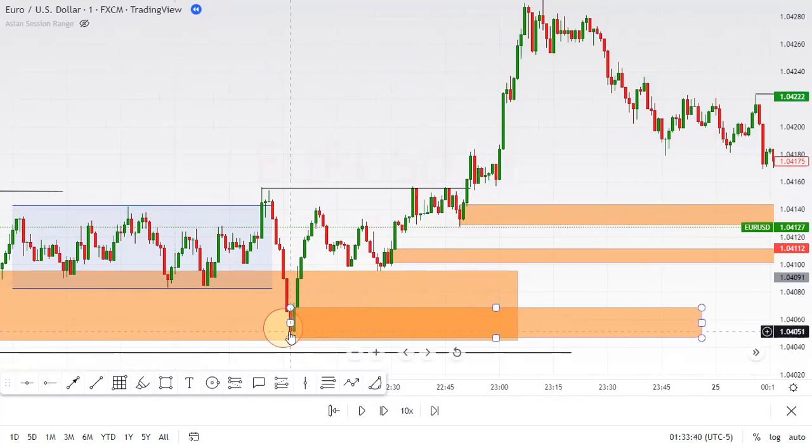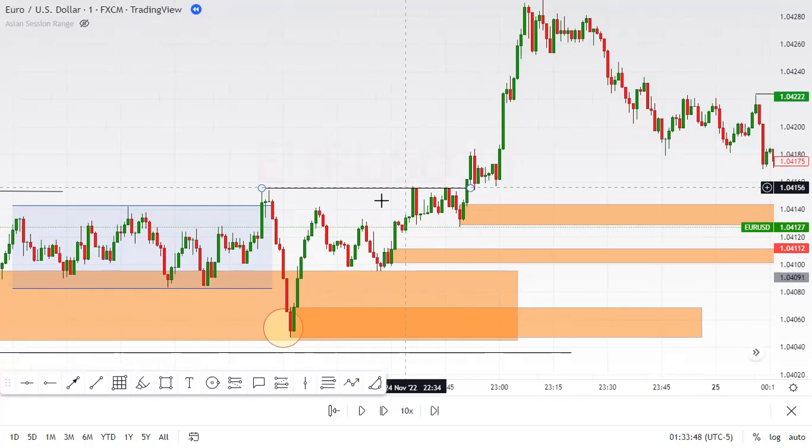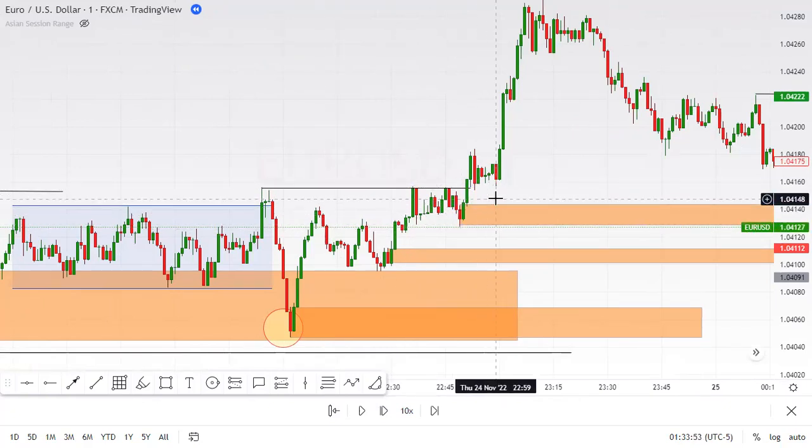The last line, this one. No, go right. Right here, the momentum break up.